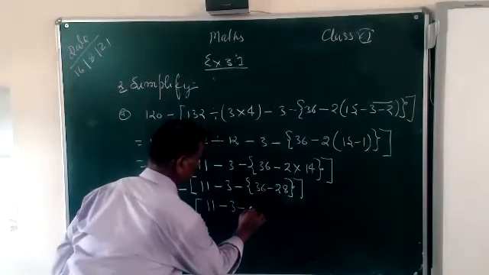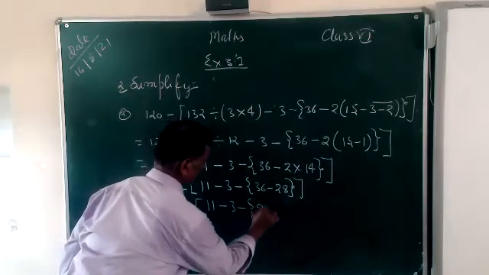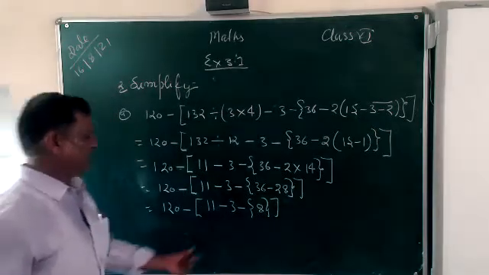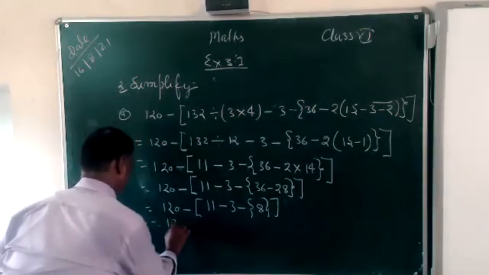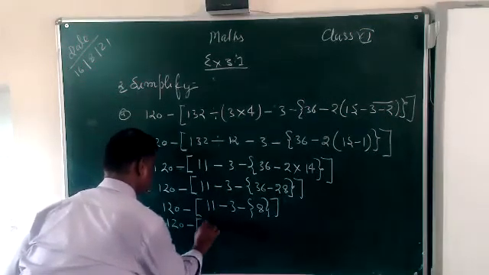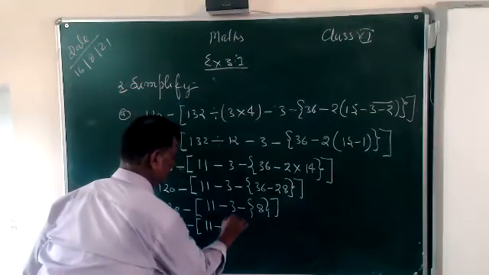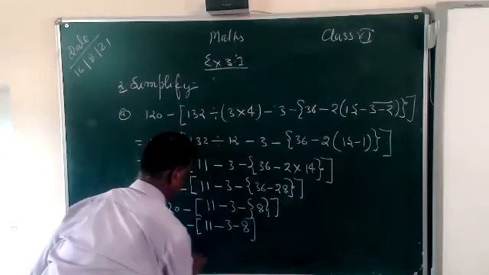Before the bracket, in curly bracket, write it. Okay, and now remove the bracket, and that is the minus 8. 120 minus 11 minus, here is 8 minus 3 and minus 8.